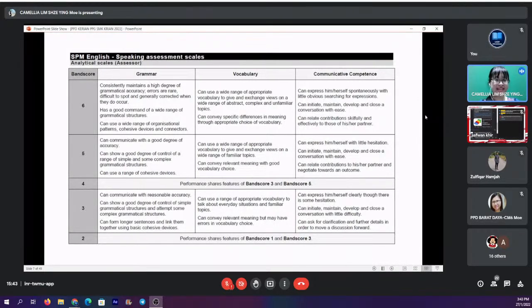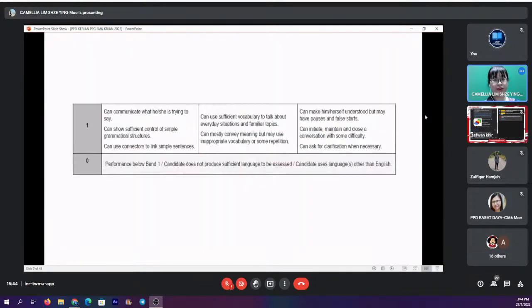Keep in mind that the assessor, even though he or she will not say anything during the exam, will have the highest marks, meaning the assessor will score a total of 18 marks compared to the interlocutor who will only score 6 marks. So the overall total marks will be 24 marks. You can see the scales.